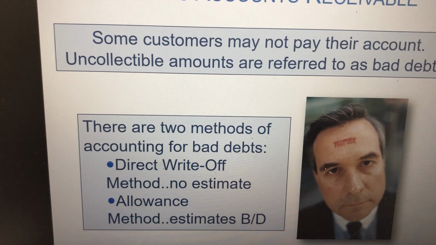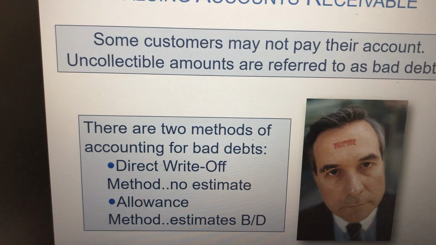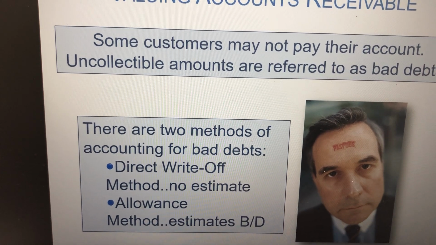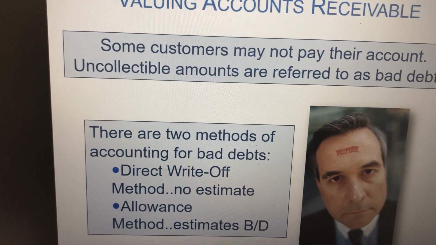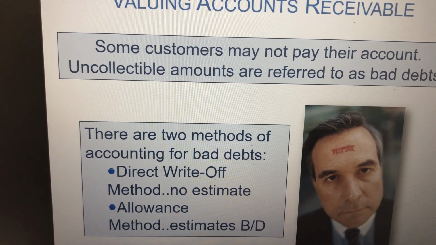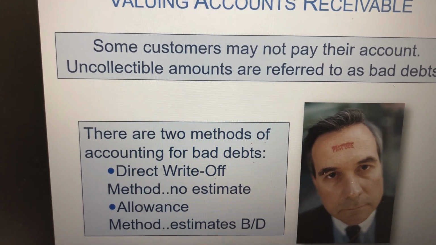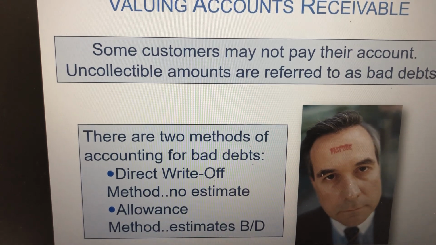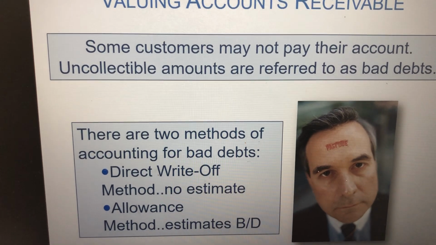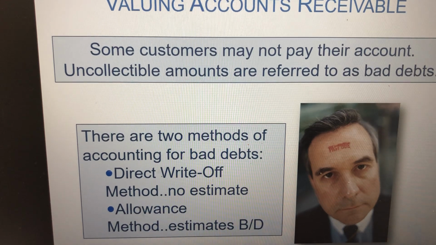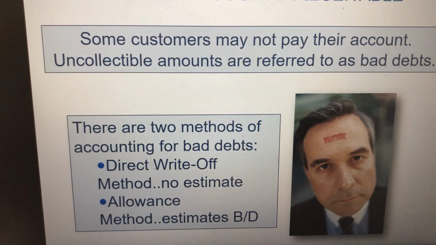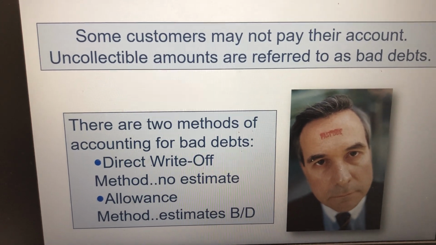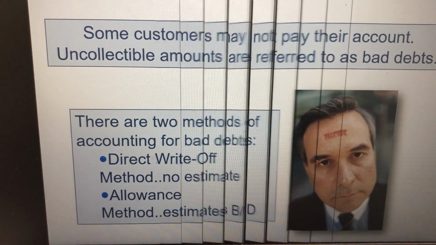The second one is used by larger public companies called the allowance method. It requires you to do an estimate of those people that you think will not pay you, and then you do that estimate and you record it before you do the write-off. So two methods. The first one, direct write-off, is for smaller companies. The second method is for your large public companies, and it's required by GAAP for them.